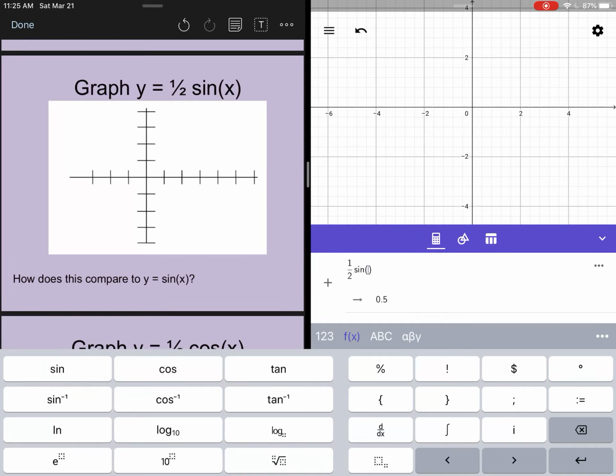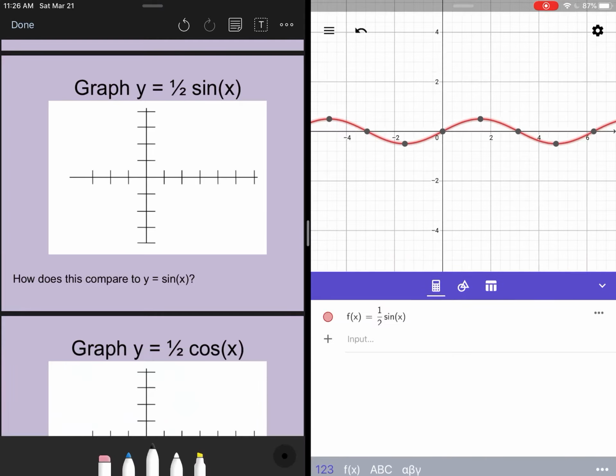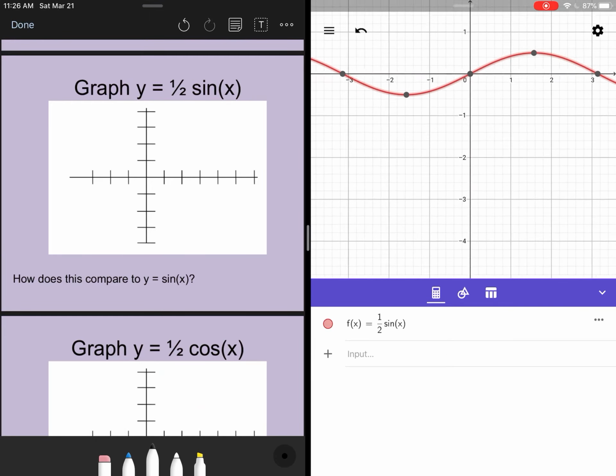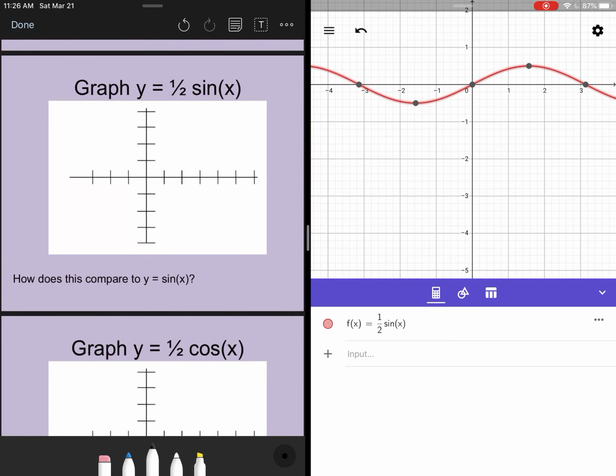One half sine of x. All right, same thing's happening here. Now we are getting not narrower, but a little bit more compressed, as opposed to a vertical stretch, okay? So same thing here. For 1/2 sine of x, when x is 0, y is 0.